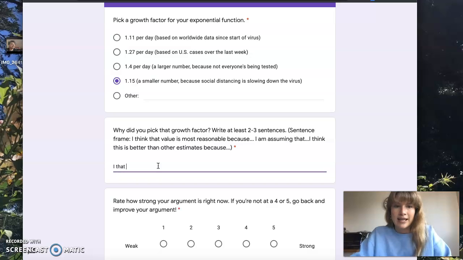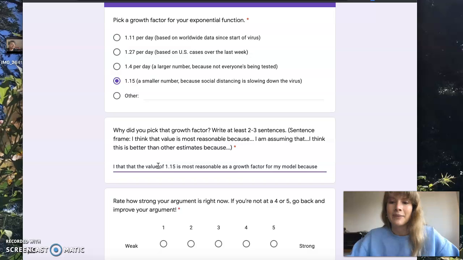So I think that the value of 1.15 is most reasonable as a growth factor for my model because, let me think about what I was saying.